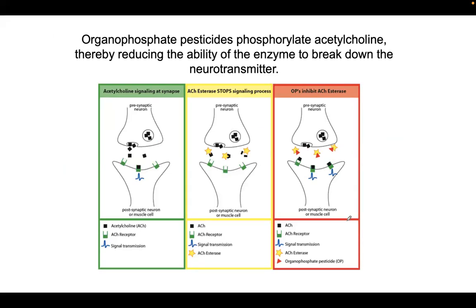Now, in organophosphates, especially the pesticides, what happens is it phosphorylates cholinesterase, thereby reducing the ability of cholinesterase to break down the neurotransmitter. So if cholinesterase is inhibited and acetylcholine is not broken down, there's going to be an increase in acetylcholine.